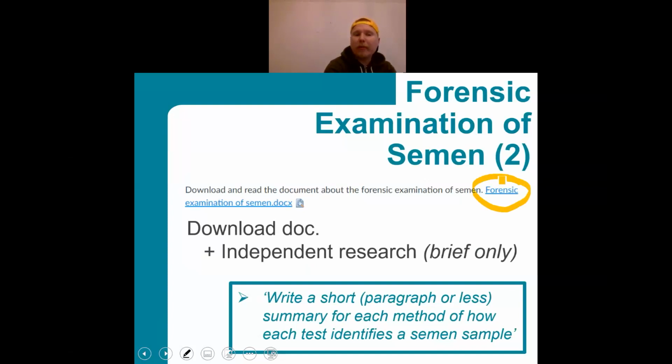It's a Word document, and once you download it, it asks you to do a little bit of independent reading. I've given you the starting material there. Then type in your answer and submit that assignment back to me so that I can grade it.